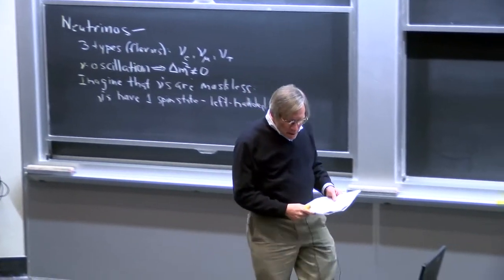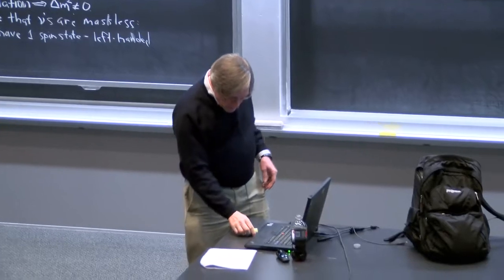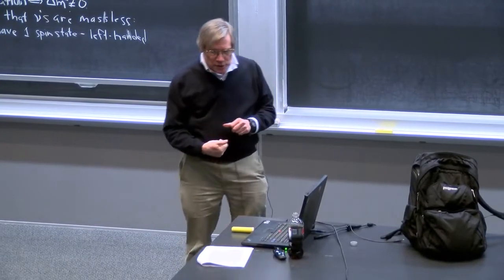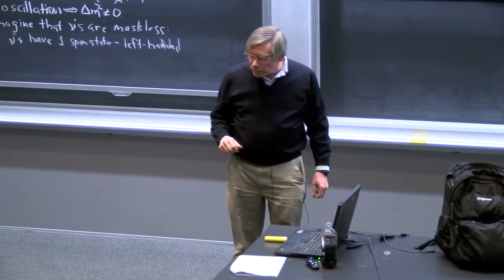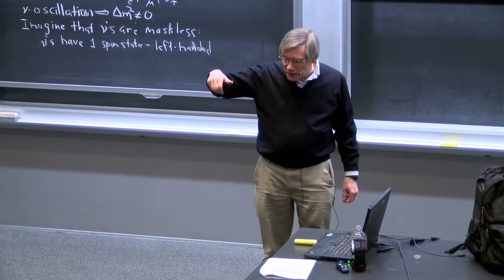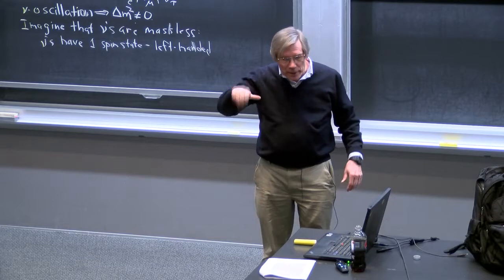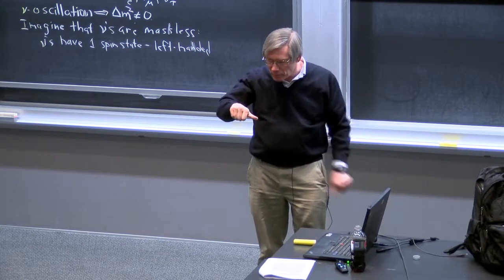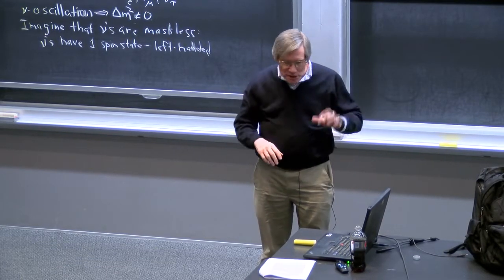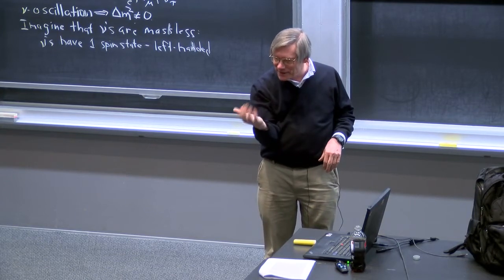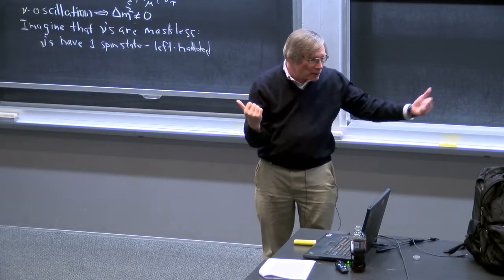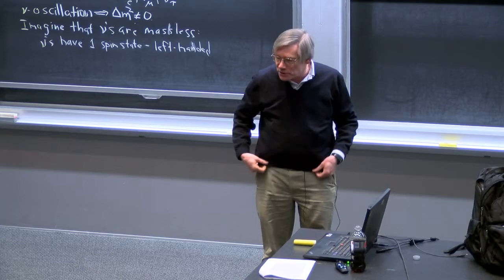And that means that the spin points the opposite direction from the momentum. So if the neutrino is spinning like this, which by right-hand rule corresponds to a spin in that direction, the momentum will always be in that direction. And I can do the same thing this way. If it's spinning like this, the spin is that way, the momentum would be that way. The momentum is always the opposite direction of the spin.